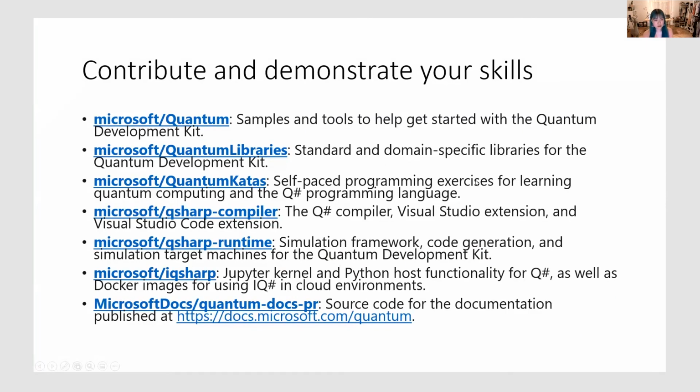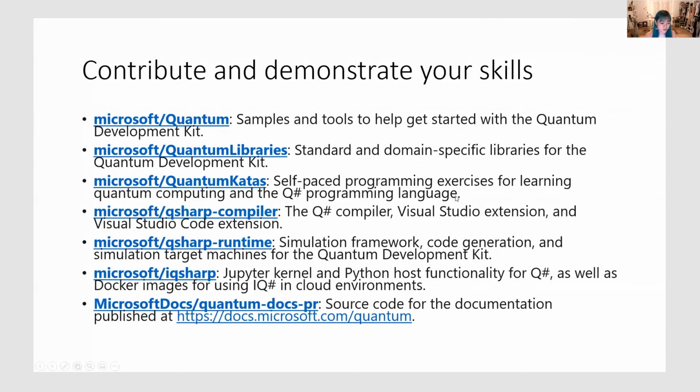Then just a reminder that all of the Microsoft software development is open source. These are our official repositories. You can find all of this in our documentation. It's a reminder that you can already participate and contribute to the official Microsoft quantum developments. We have the documentation, libraries, katas, compilers, runtime, and QSharp exercises.